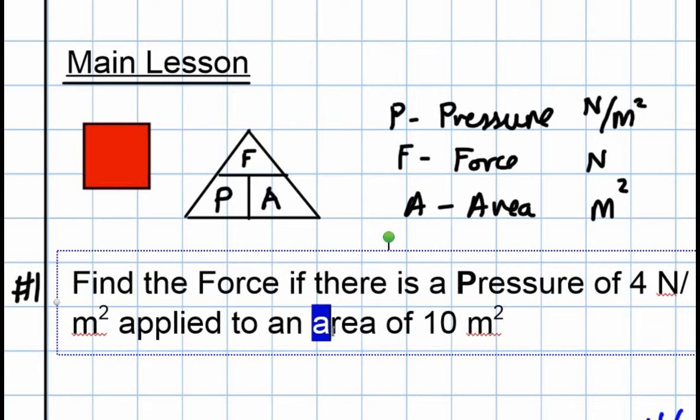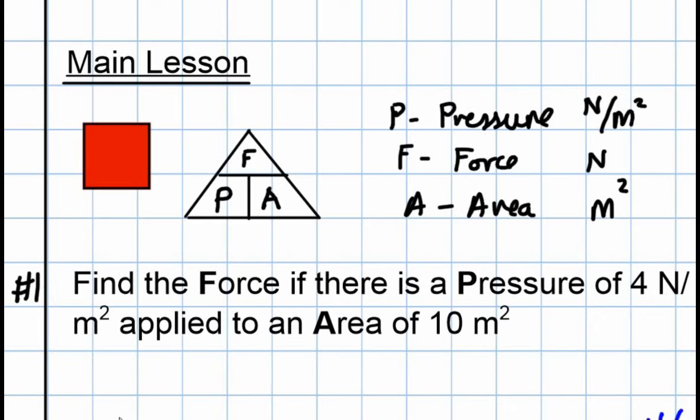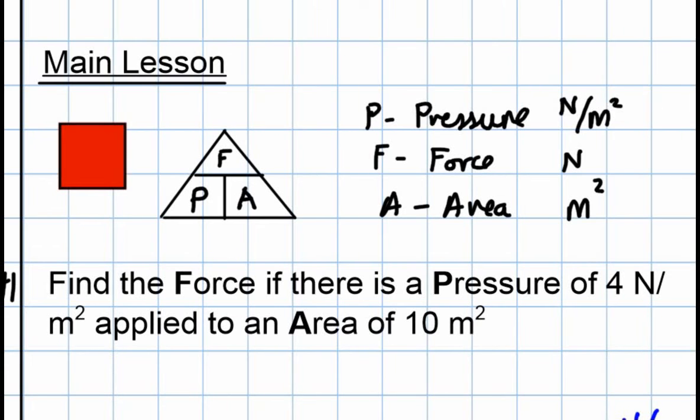So let's just emphasize the fact that it's about area. I'm going to put a capital A there, and we're trying to find force. I'll just emphasize that. Okay. So copy that down, because it helps us remember these things.